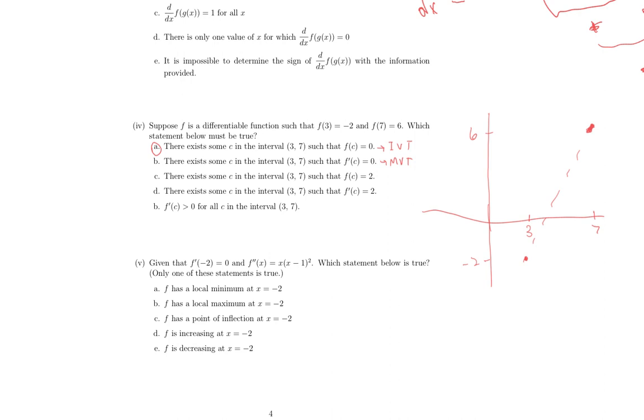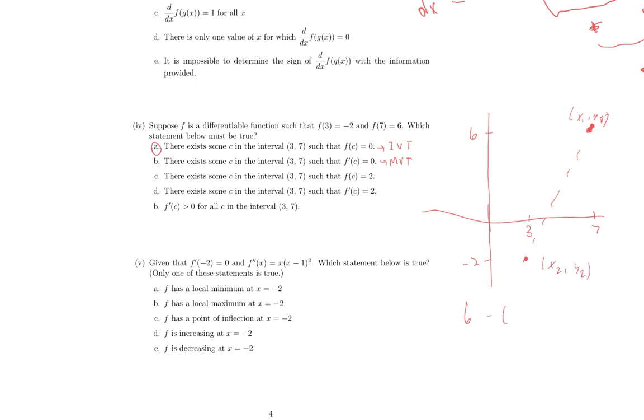So let's figure out the slope of the secant line. Not the derivative of the secant line, the slope of the secant line. My bad. So this would be x1, y1, x2, y2, right? Just basic slope.